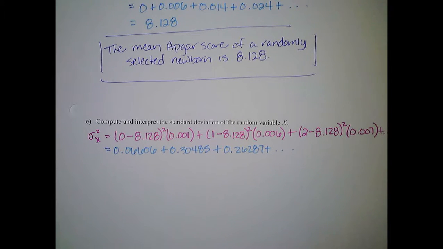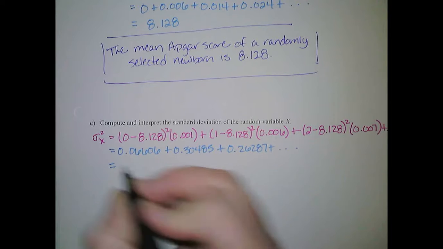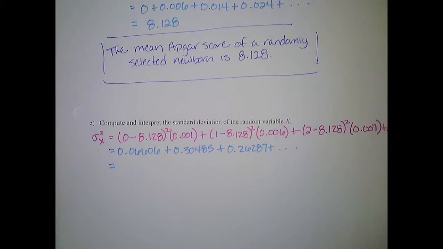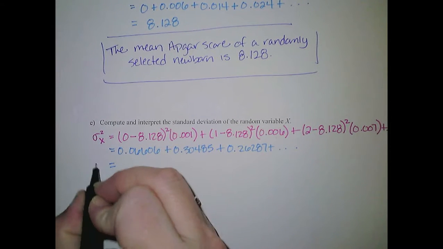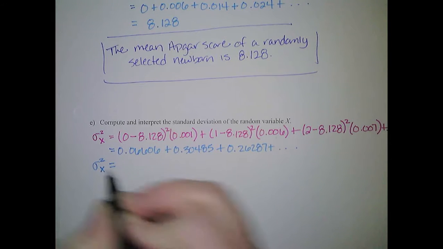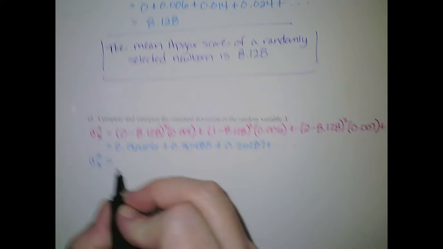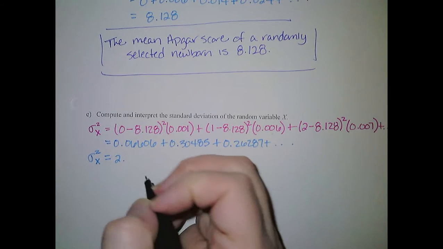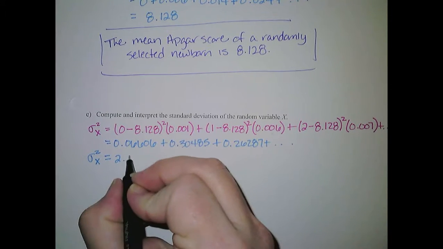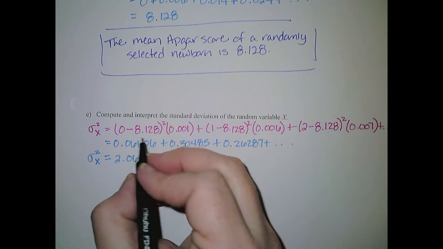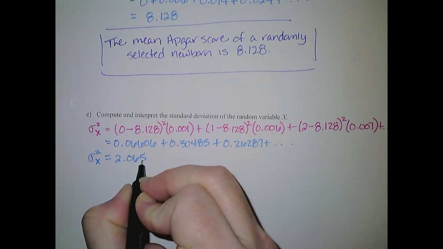And if we continued that process using our calculator, we would get that our variance, which again is sigma squared of x, would be 2.065616.